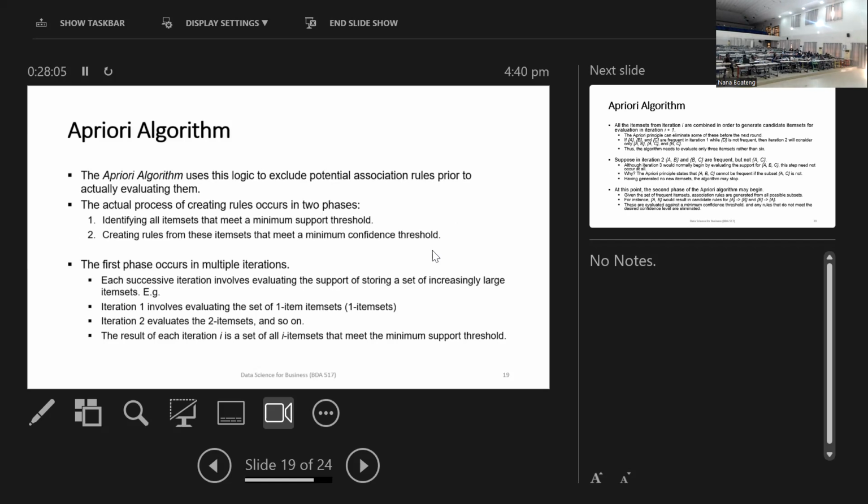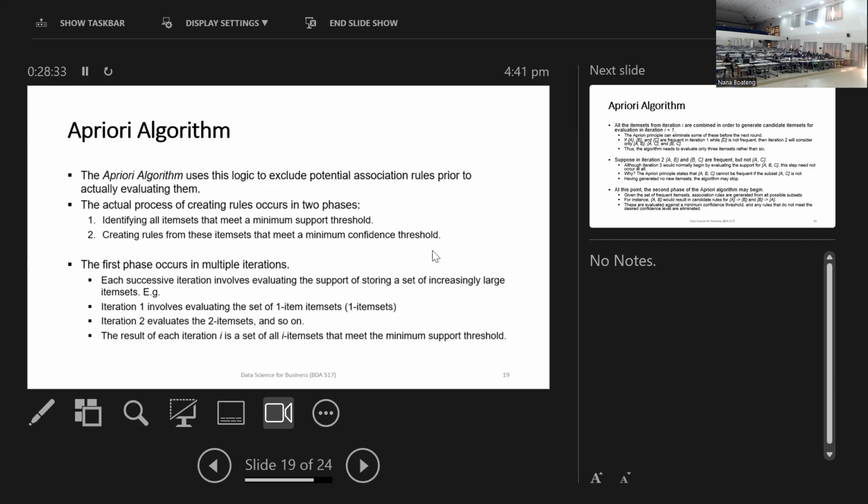First, it identifies items that meet the minimum threshold. So let's say we set a threshold for support and then confidence. It will check for support first. All of them must meet the support. Then it will come to confidence. So identify items that meet the minimum threshold, then create rules for each item set that meets the minimum confidence threshold.